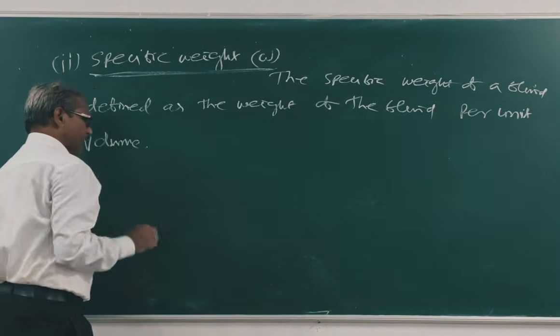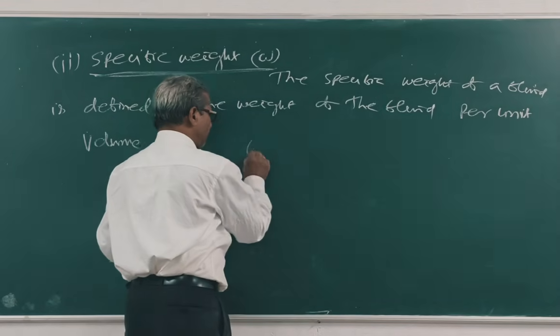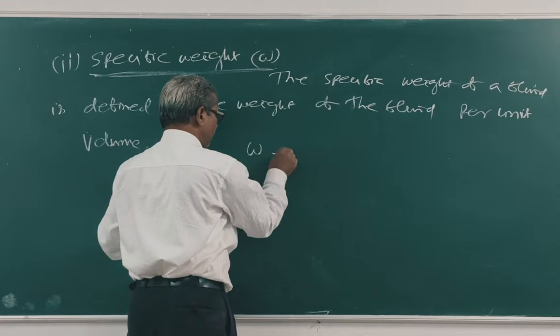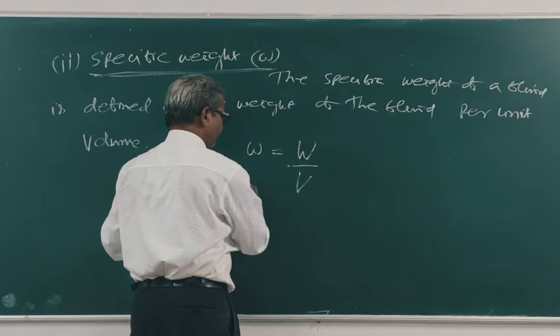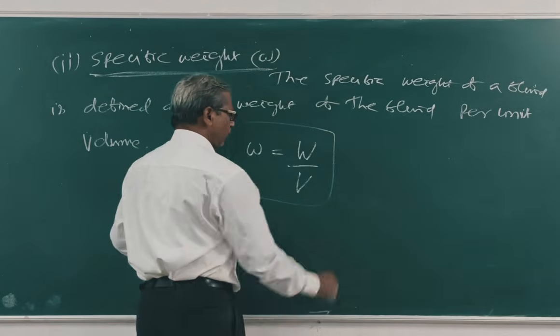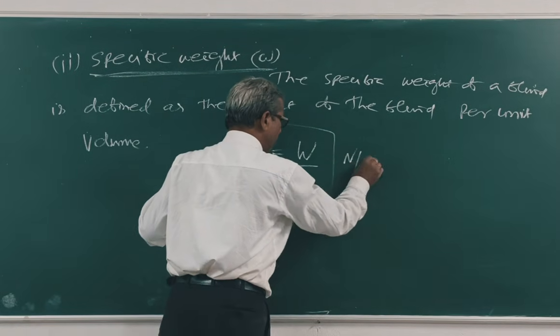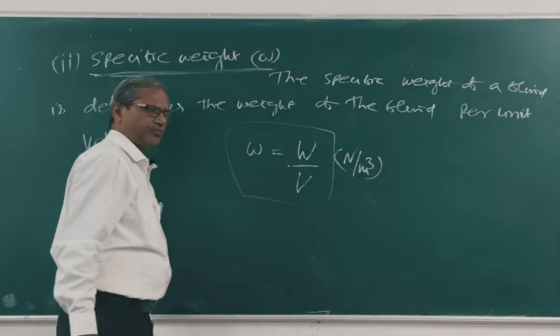That is, specific weight W = W/V, Newton per meter cube. Clear?